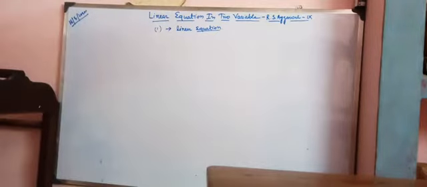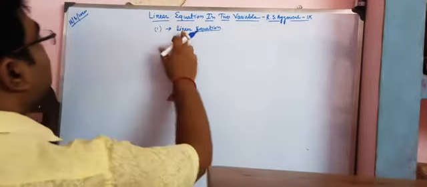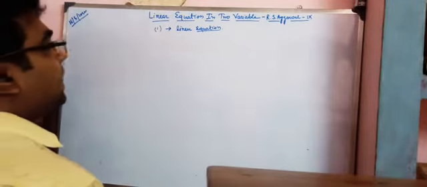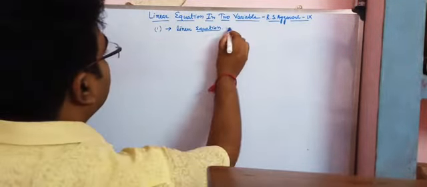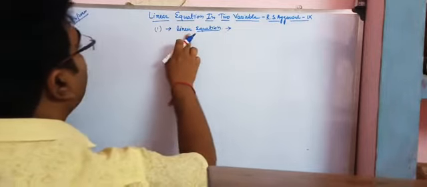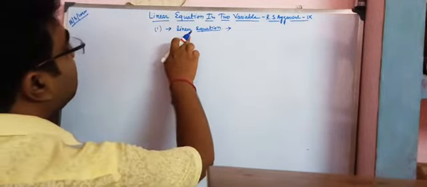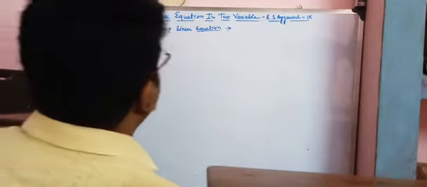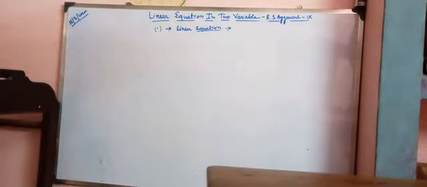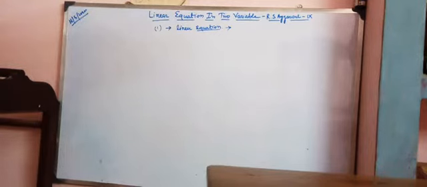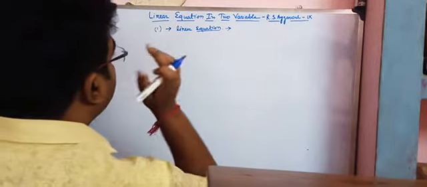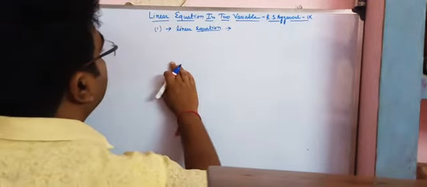Now for linear equation, we have to know what is a linear equation: an equation in which the highest power of the variable is 1. So in this equation the highest power of the variable should be 1.